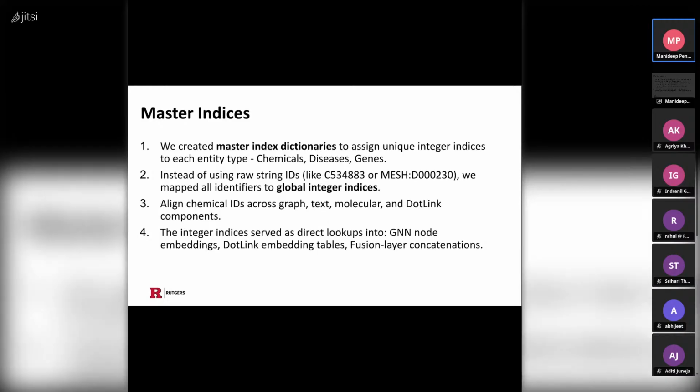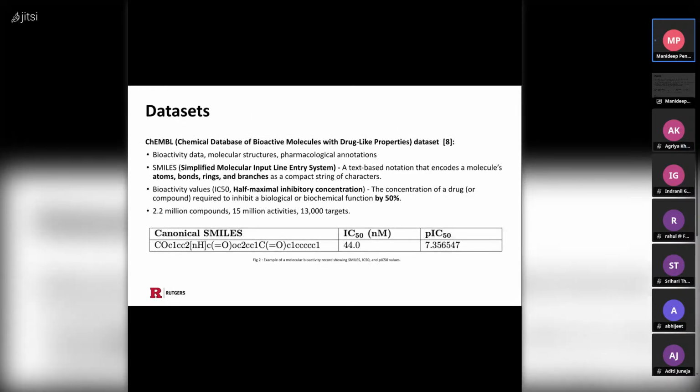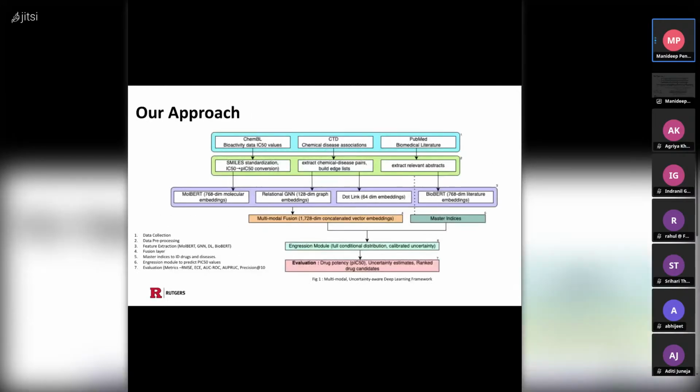I'm sure you noticed that different data sets have different features, and their basic use case for us is different. So for each of them, we used a different method to extract this information. Basically, we extract embeddings.